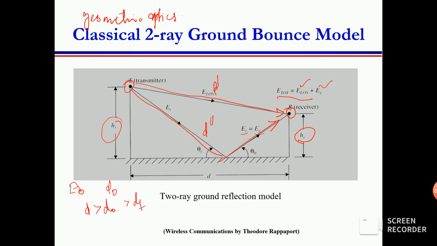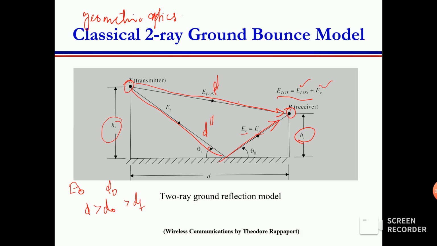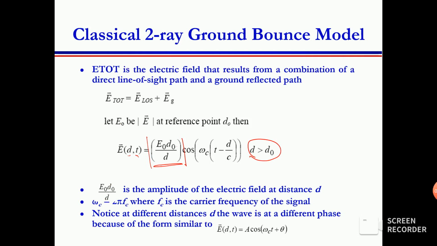As you know, the total electric field is ELOS plus the ground reflected field. So I can just replace the distance: for ELOS I replace d by d dash, and for the ground reflected I replace d by d double dash.